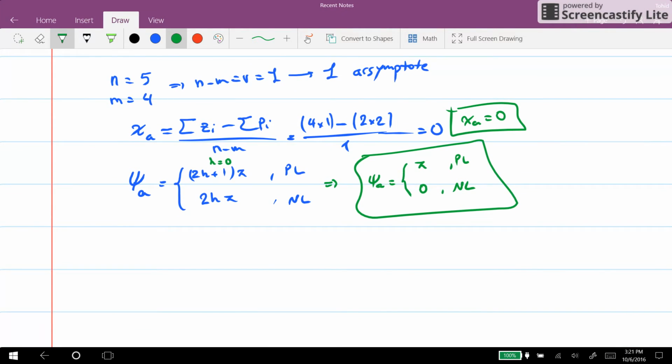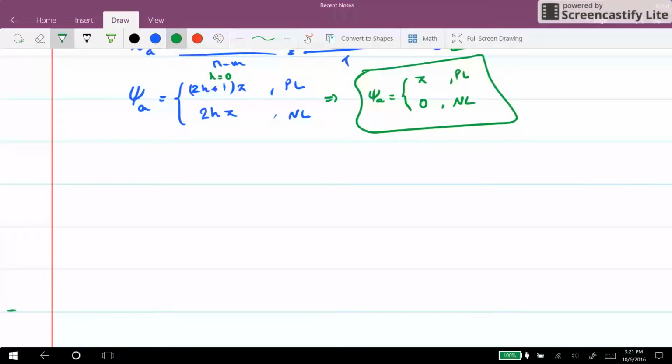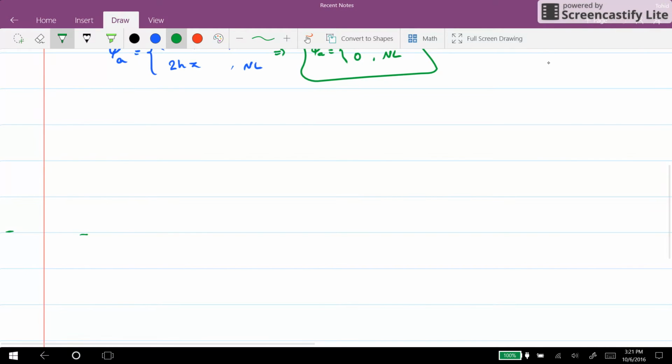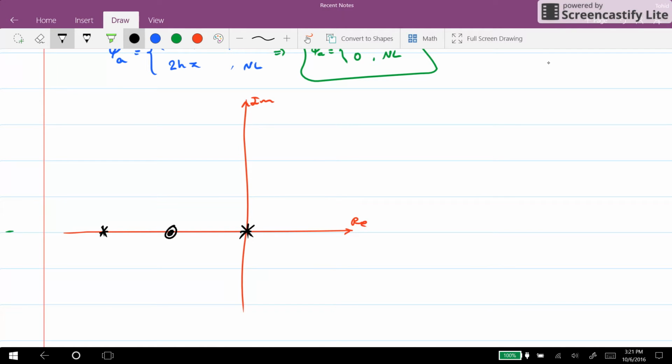So now we can start to prepare graphs for the negative locus and for the positive locus. I will use the red color to draw the real axis and imaginary axis. We have 3 poles at the origin, 4 zeros at minus 1, and 2 poles at minus 2.